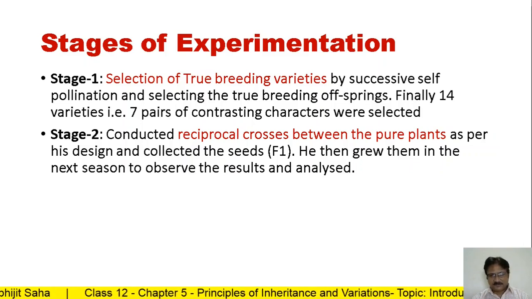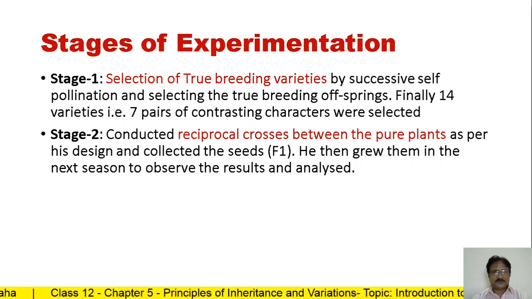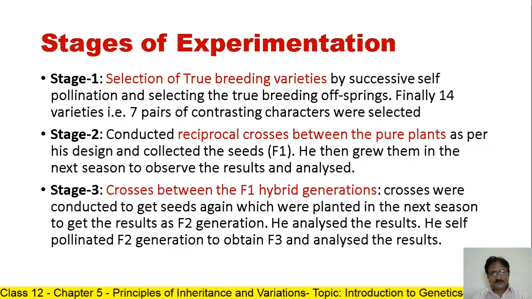So these seeds, which are the result of the crossing between the two parents, are the first filial generation, known as F1.